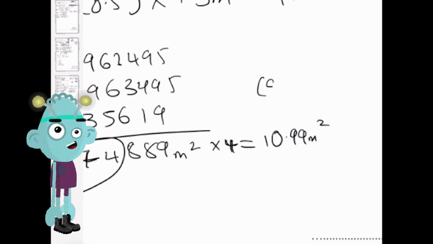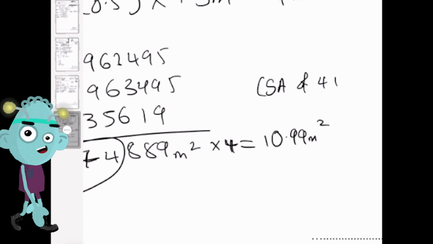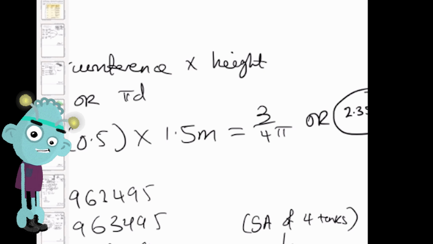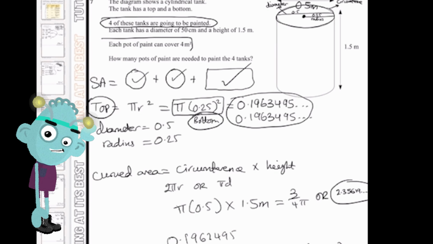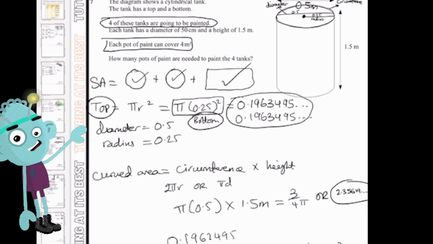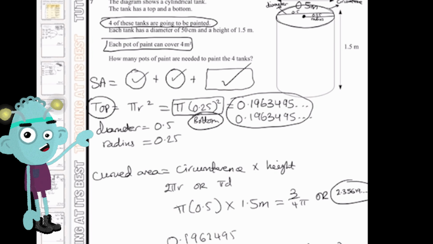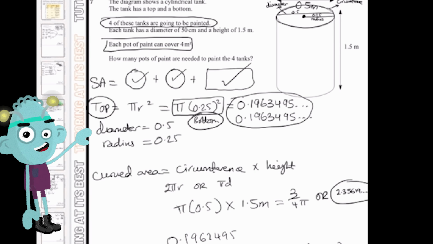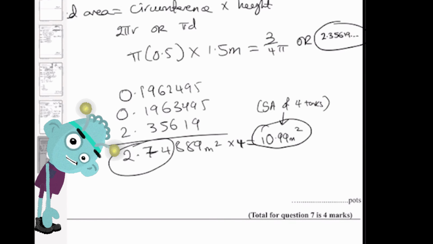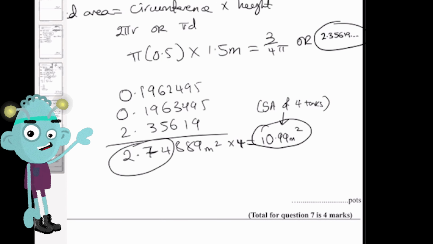Remember, I will label this as surface area of 4 tanks. And now we've gone ahead and done that. It then mentions that each pot of paint can cover 4 meters squared. So right now, we know our paint is going to cover 10.99 meters squared. But then I'm going to go ahead and divide it by 4 again.